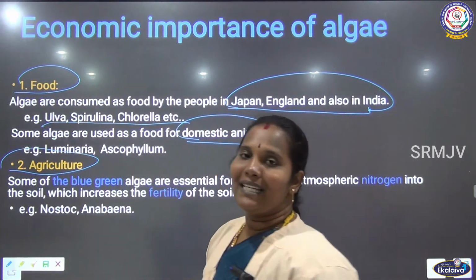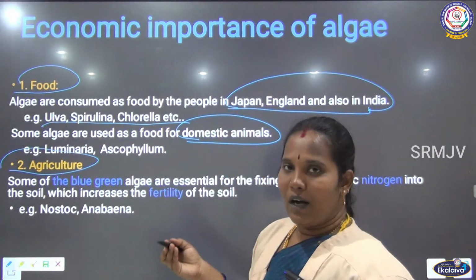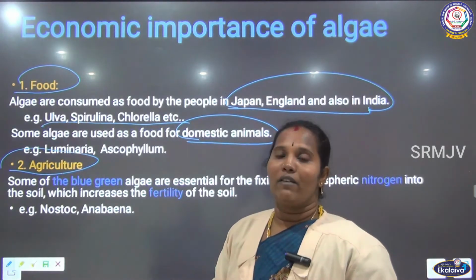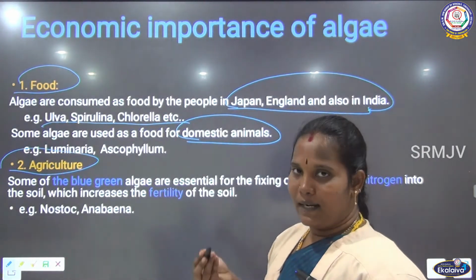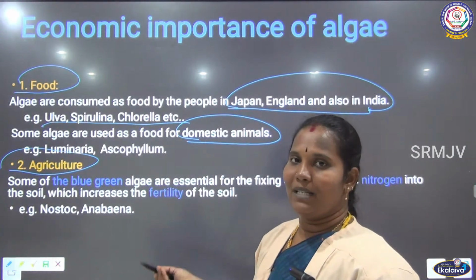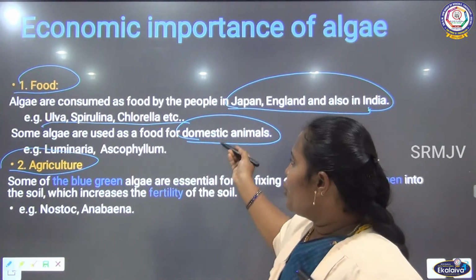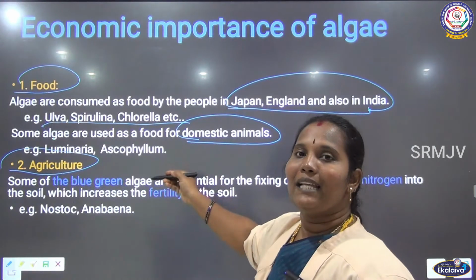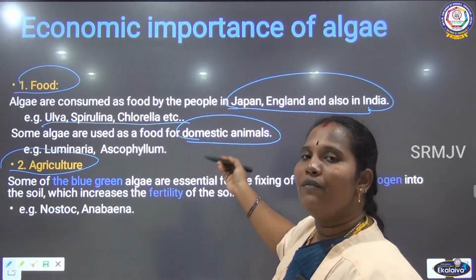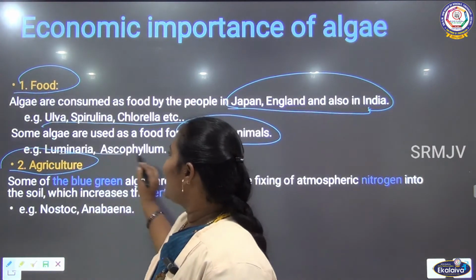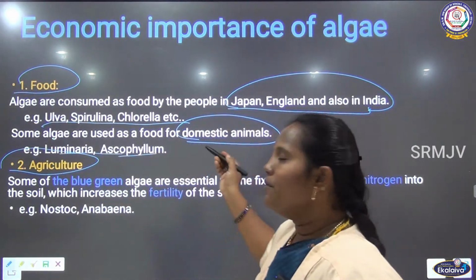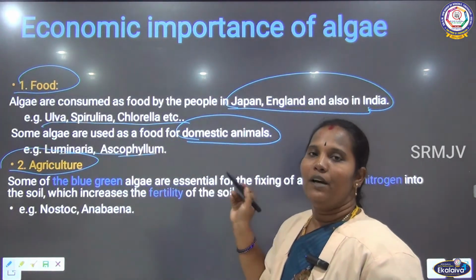Domestic animals are animals living near our house, like cow, donkey, and sheep. So some algae are used as food of domestic animals, such as Laminaria and Ascophyllum.